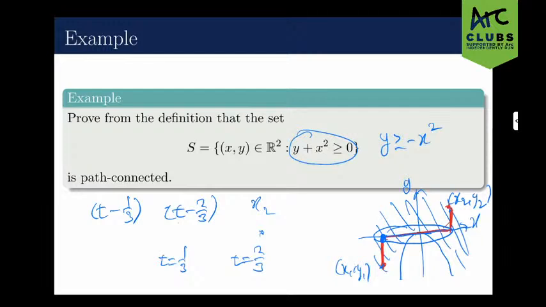That should be x1, 0. And here I want this thing to be x2, 0. So when t is equal to 1/3, the x0 basically goes away. When t is equal to 2/3, the x1 goes away. And I just need to adjust it by putting in some coefficients here to make it work out.